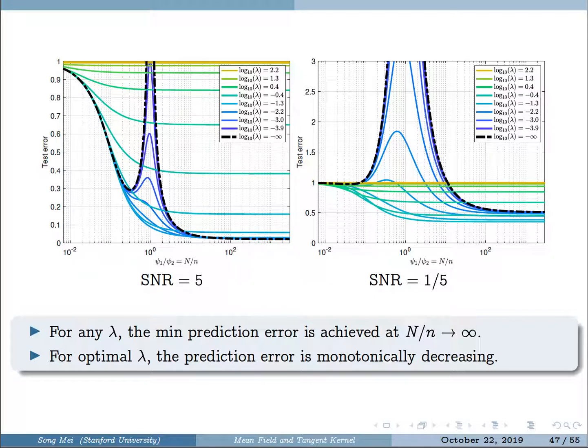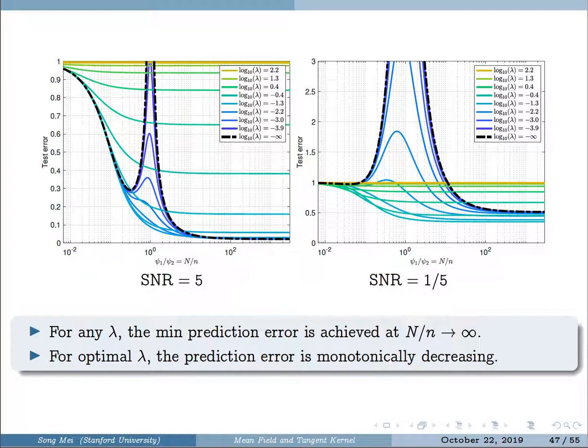So in these two figures, we plot the test error versus the number of parameters, but these different curves correspond to different strengths of regularization. If you look at the black dotted line, this is the original double descent curve. If we add a large amount of regularization, for this yellow curve, this is the trivial test error, where you have infinite regularization, so the test error is a trivial one. And in the middle of these two regimes, you have a continuous family of curves in these shapes.